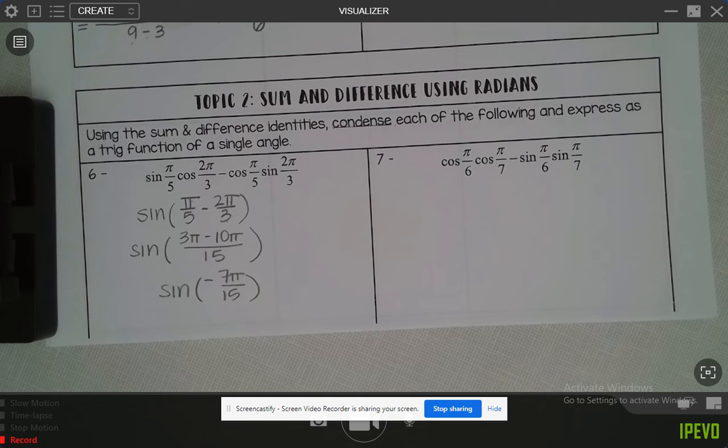Try 7, please. That's all you can do. That's not an angle you know.